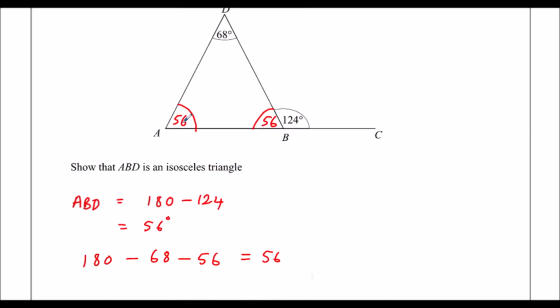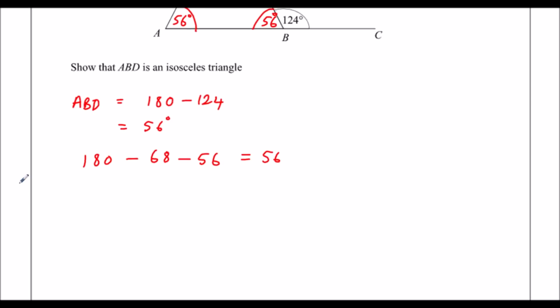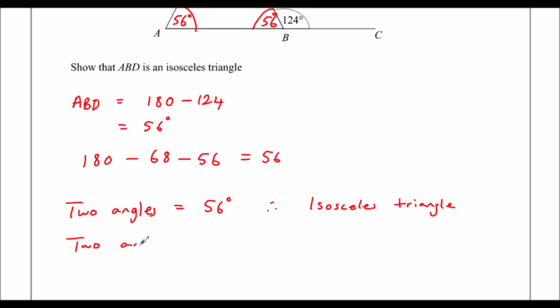So the two missing angles that we found are both 56. Two angles equal 56 degrees. Therefore, it's an isosceles triangle, as two angles are equal.